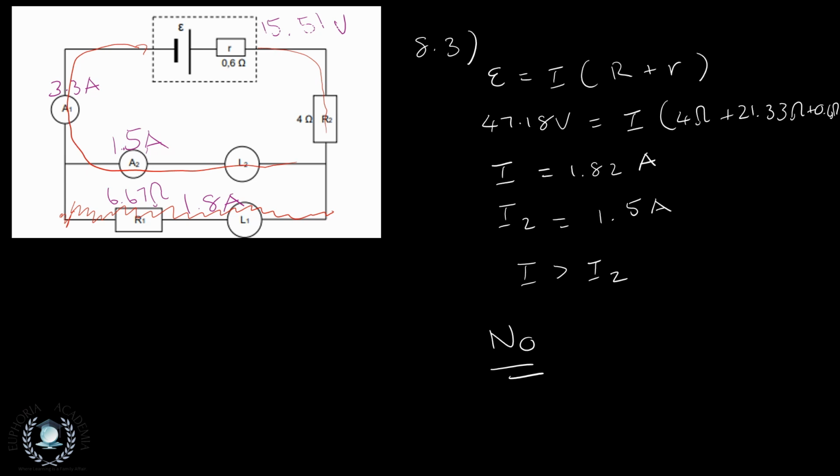So we were told that the light bulbs need to work within their ratings, right? That means that they can't exceed them. They can't go over them. They need to be at those ratings. So we know that the power for our L2 bulb is going to be 48 watts.